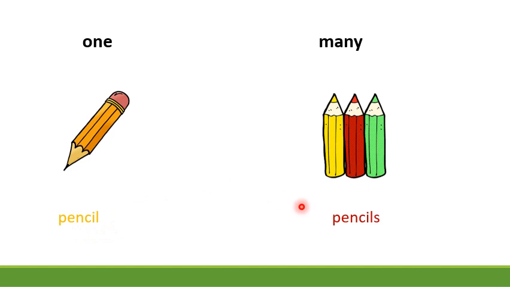Pencil. And if it is more than one, we'll add s to the end of the word. So, pencils. So, how will you read it? Pencils. So, one pencil and many pencils.